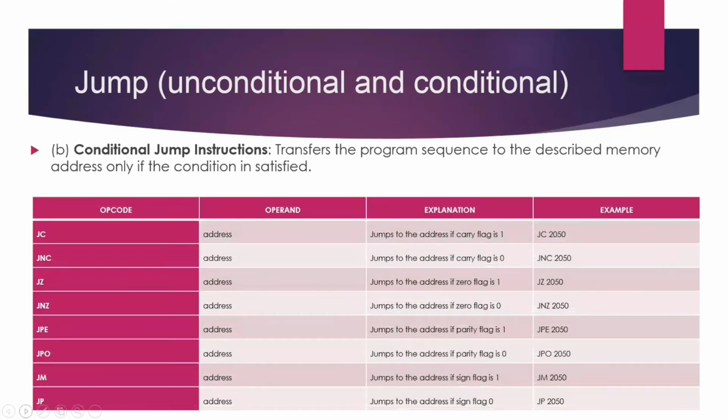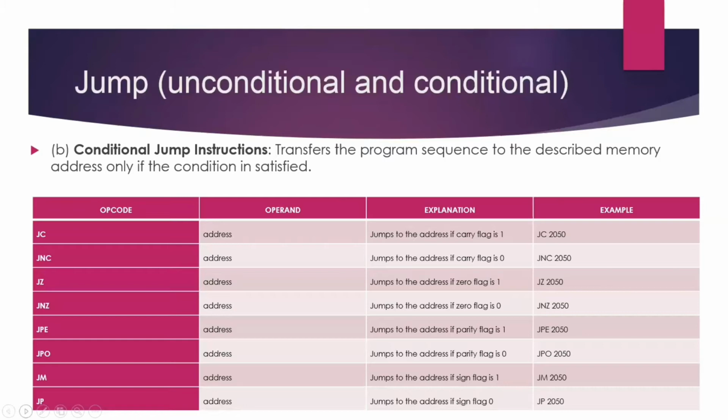Once again, the operand is nothing but an instruction given to a particular program. The condition must be satisfied. JC is jump on carry, where the carry flag must be 1 to switch execution to a specific location, and JNC is jump if not carry, where the carry flag is 0, then it executes the particular instruction.